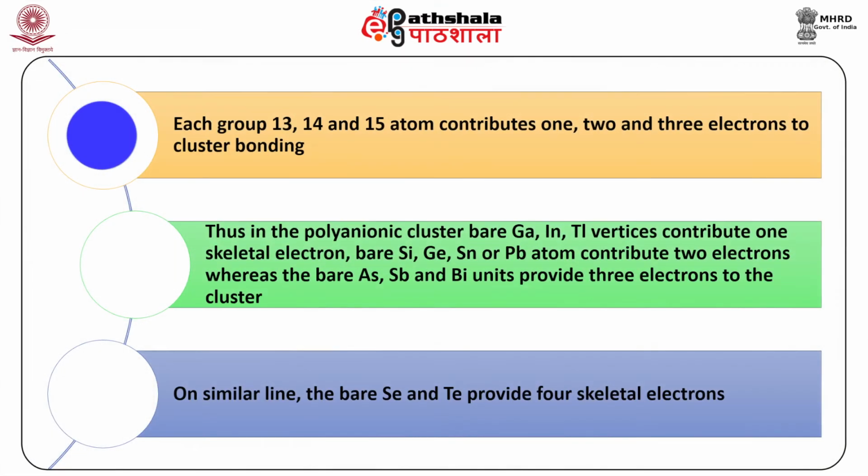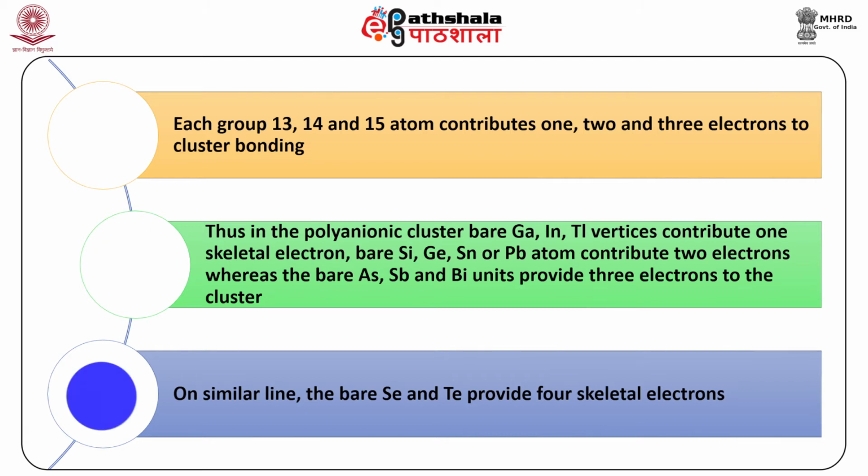Number 1: each group 13, 14 and 15 atom contributes 1, 2 or 3 electrons to cluster bonding. Thus, in a polyanionic cluster, gallium, indium and thallium vertices contribute 1 skeletal electron, silicon, germanium, tin and lead atoms contribute 2 electrons, whereas arsenic, antimony and bismuth units provide 3 electrons to the cluster.